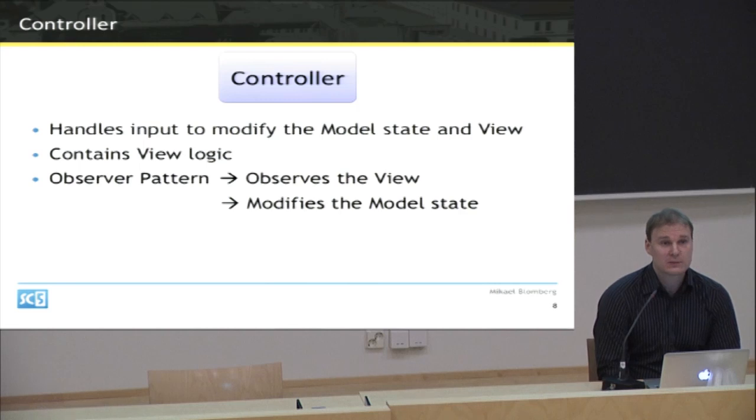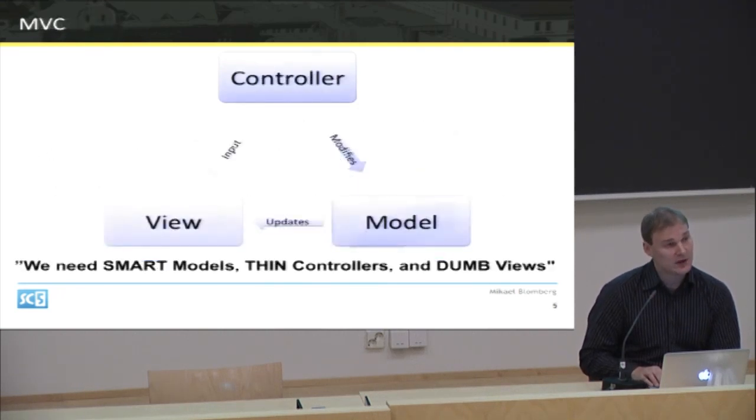And the controller is pulling all the strings, and it's changing the model according to the input, and it contains the view logic. And as with these other two, it's also implementing the observer pattern, which means that it observes the state and modifies the model. So these go nicely round and round and round.